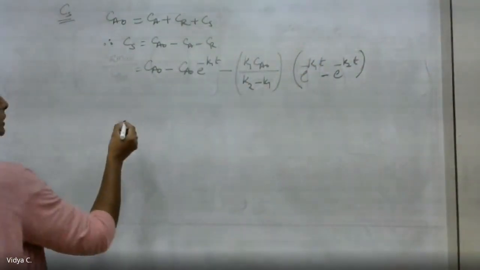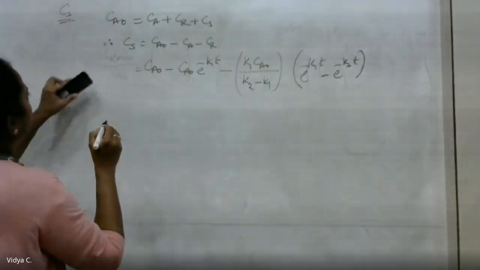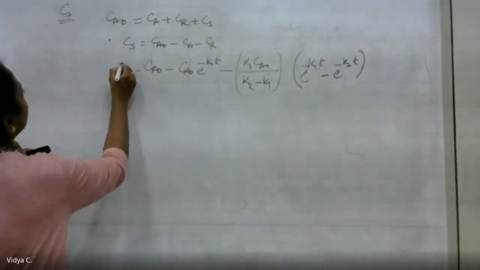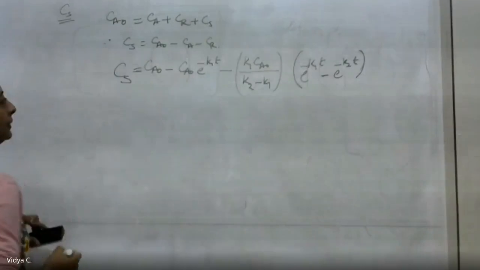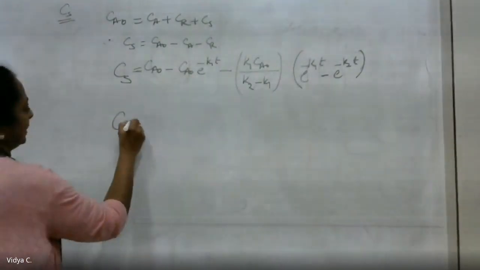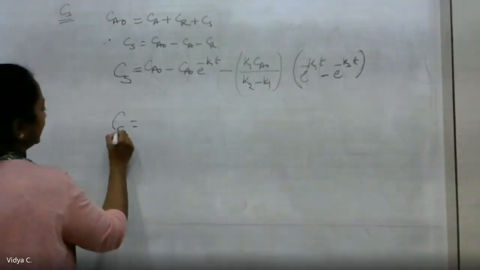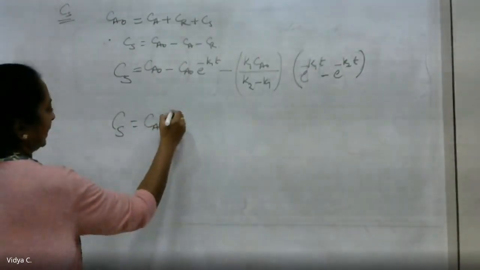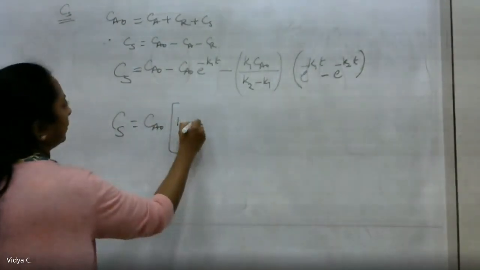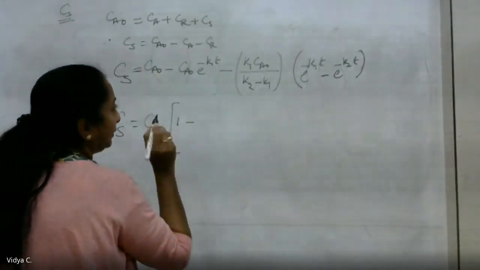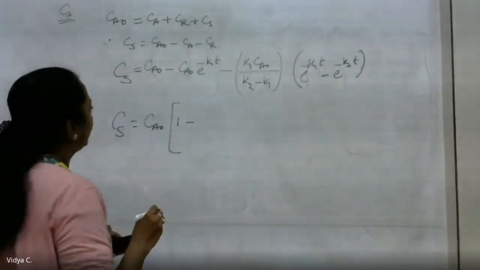So this is what? What are we trying to find now? We are trying to find CS. Yes. Okay. So CS will now be CA naught into 1 minus, let me try to take e to the power of minus k1t common. Okay.